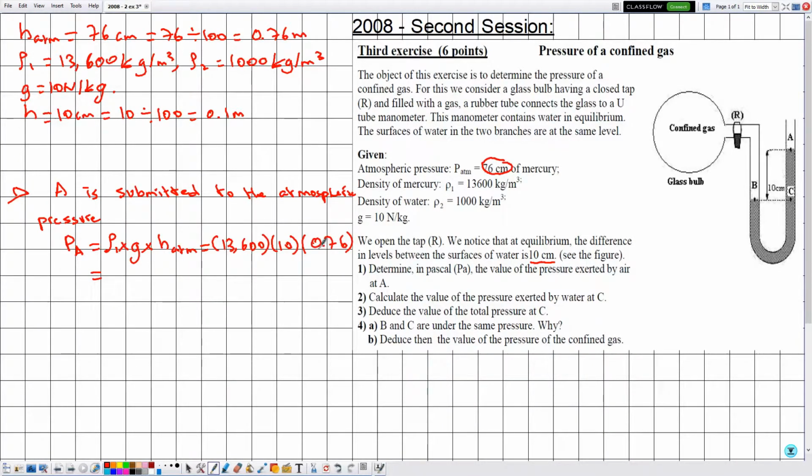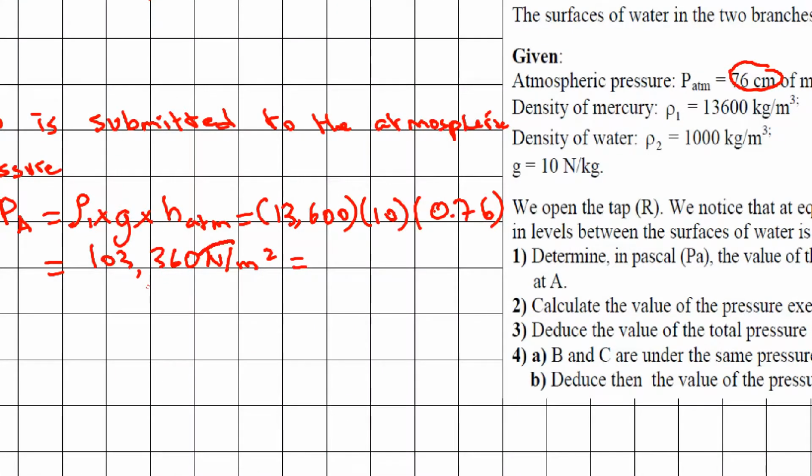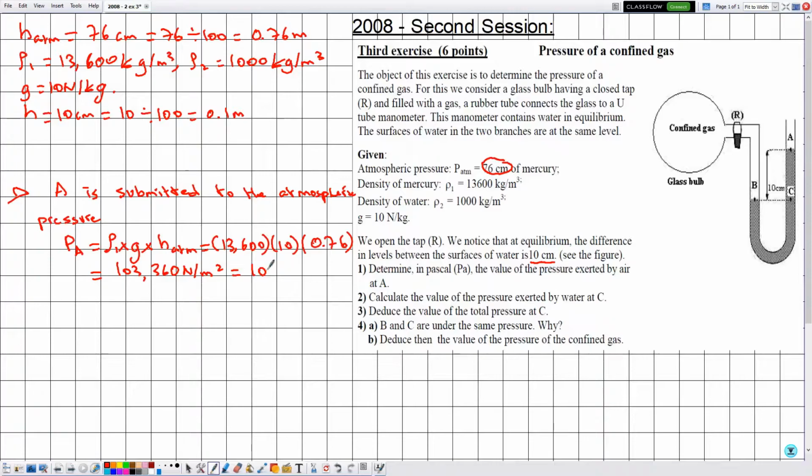Now plugging this into the calculator, the atmospheric pressure is given by 103,360 Newton per meter square. Another unit for a Newton per meter square is Pascal. Then the atmospheric pressure at the point A is given by 103,360 Pascal.